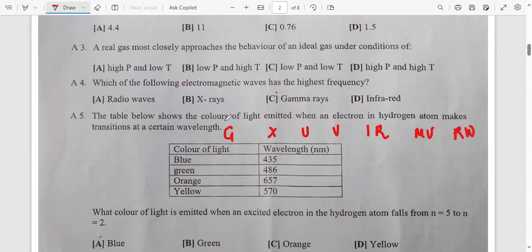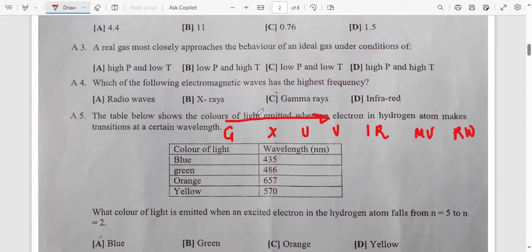So coming from this direction, going in this direction, you are increasing the wavelength. You are reducing the frequency because wavelength and frequency are opposites of each other. Okay, take note of that. Wavelength and frequency are opposites of each other.